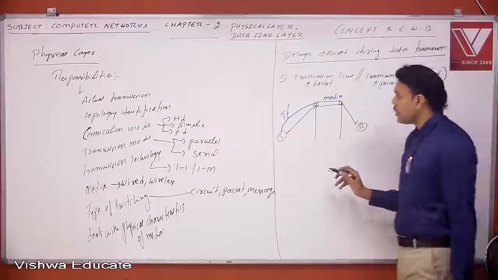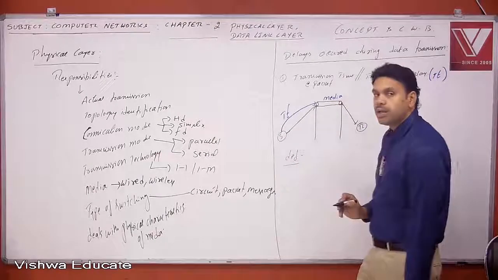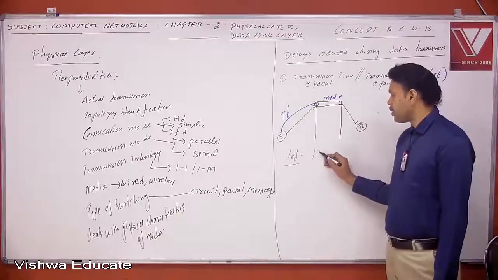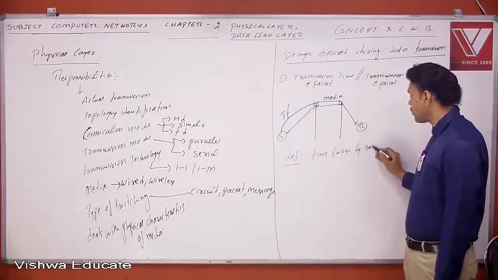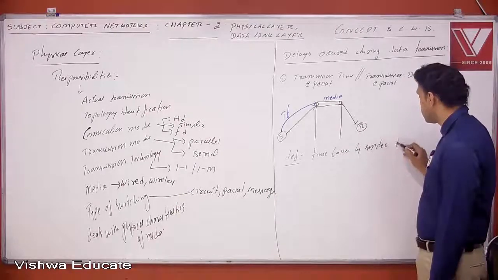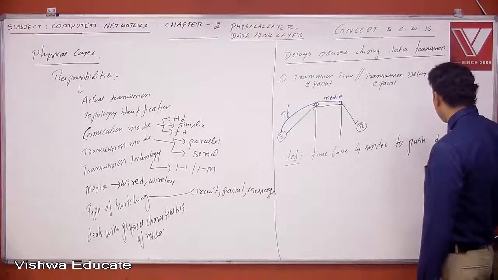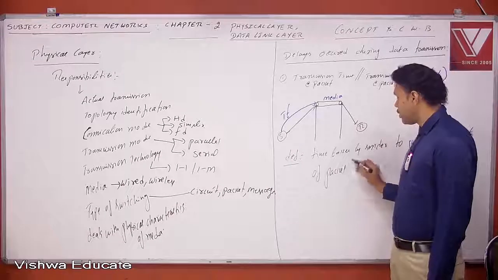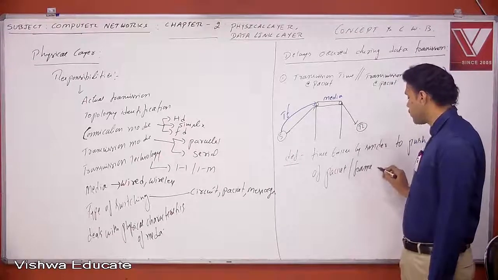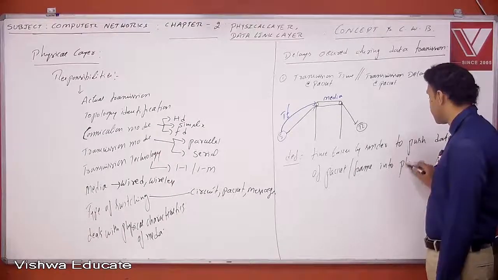What is transmission time? The definition is as follows: the time taken by the sender to push the data bits of a packet or a frame into the physical medium.